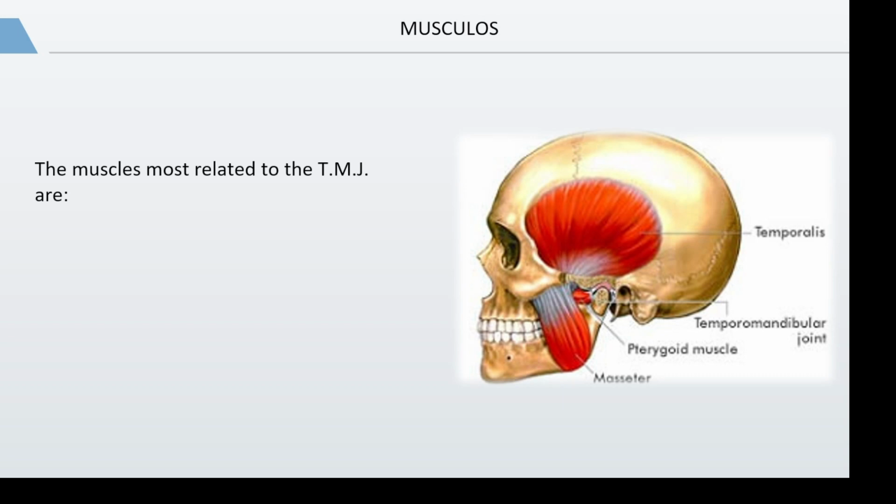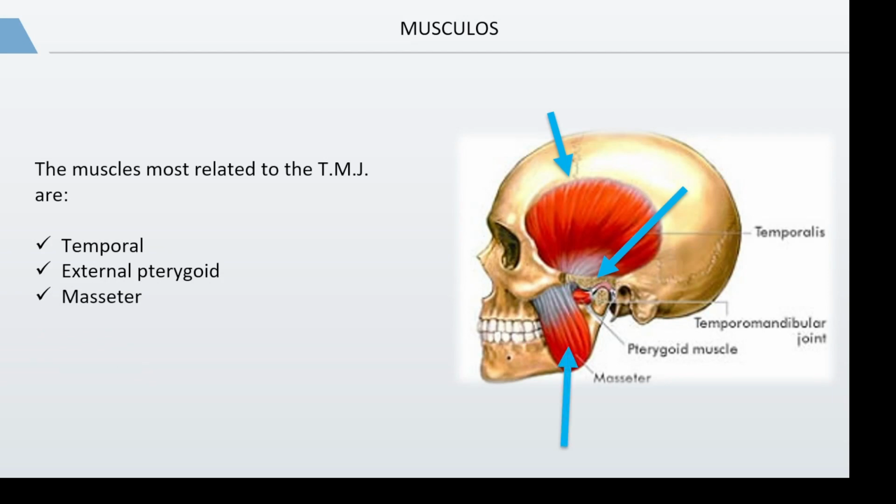And then we have the muscles of the TMJ. The muscles most related to the TMJ are the temporal, a very big muscle, an elevator of the jaw. The external pterygoid, which is inserted into the condyle and the disc, and works in moving the lower jaw forward and laterally.